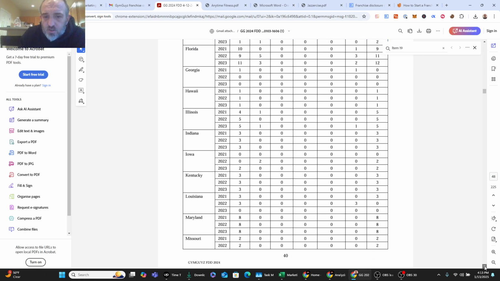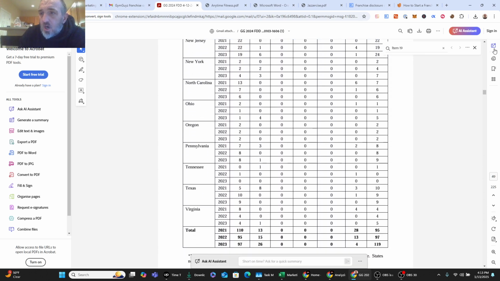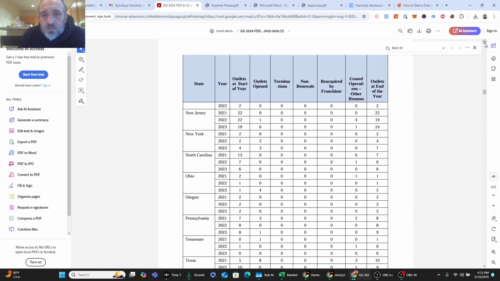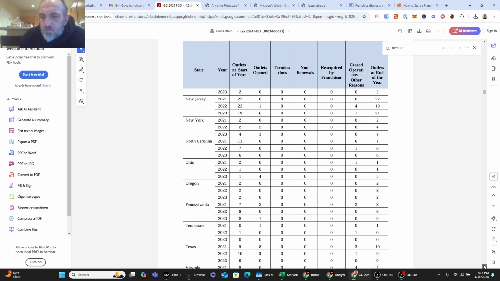Each year, these numbers will be updated, but it gives you an idea of the history. So when you look at it, it shows outlets that started a year, outlets opened, terminations, non-renewals, reacquired, ceased operations, and then outlets at the end of the year.